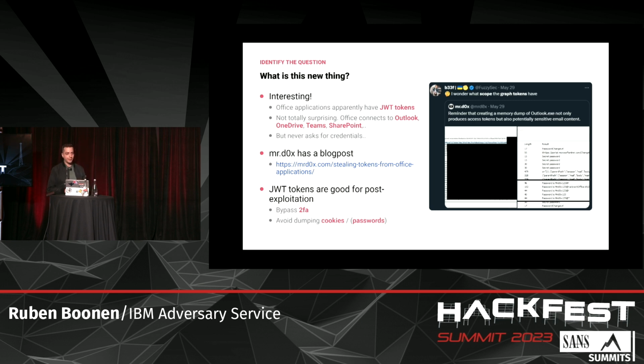For me, I was confronted with this new knowledge, right? There are authentication tokens in this memory dump that I didn't know about. But when you think about it, it makes sense, because many Office applications need integration with these enterprise services.